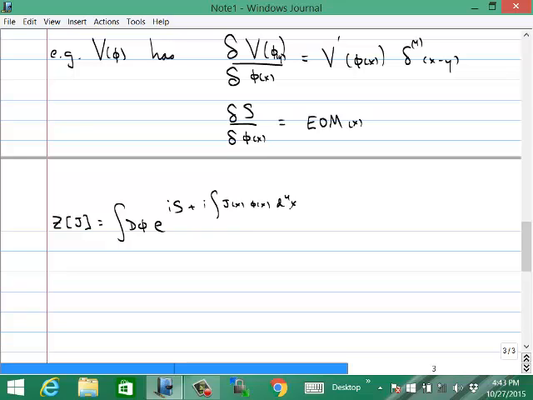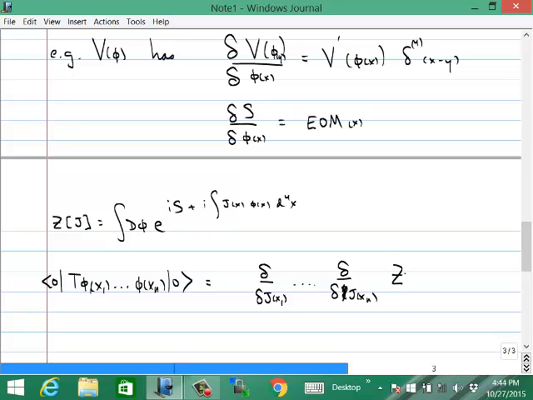So that means that if you want to compute the vacuum expectation value of your field, you just need to take a bunch of variational derivatives of your partition function.